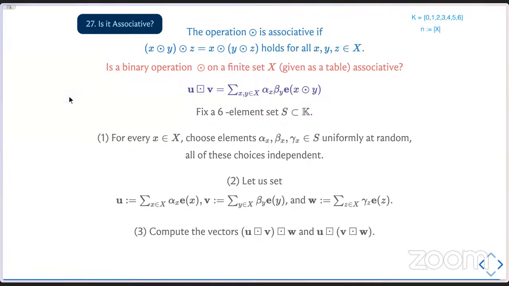The output of the algorithm is exactly as you would expect. If these guys turn out to be associative, we declare our base binary operation to be associative. Otherwise, if we have a violation here, we say no. One question is, when can we be sure that we are doing okay, and when are we uncertain?